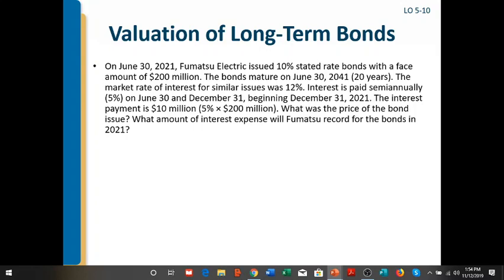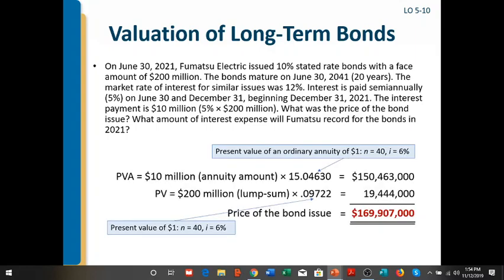So you have to figure out the present value of the annuity. You take the $10 million, paid semi-annually as interest. Now notice that you don't use the stated rate of the bond here, you use the market rate. Since you're paying semi-annually, it's not 20 payments at 5%.